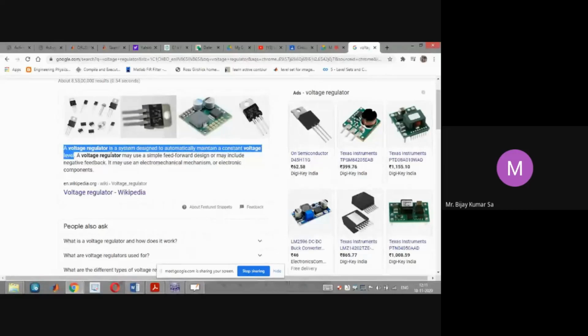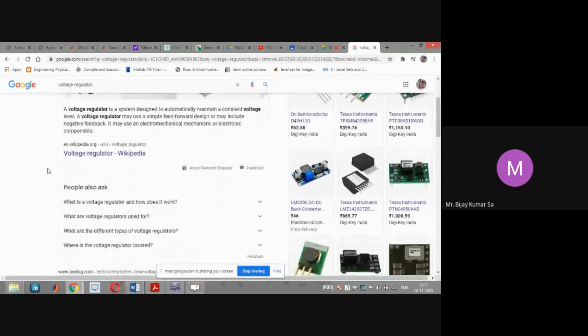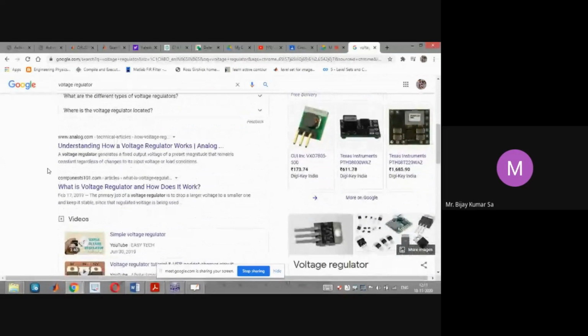Voltage fluctuations. Basically the voltage regulator will help us maintain a constant voltage across whatever appliance we are going to use. If we want to maintain a constant voltage across it, we need to use a voltage regulator.